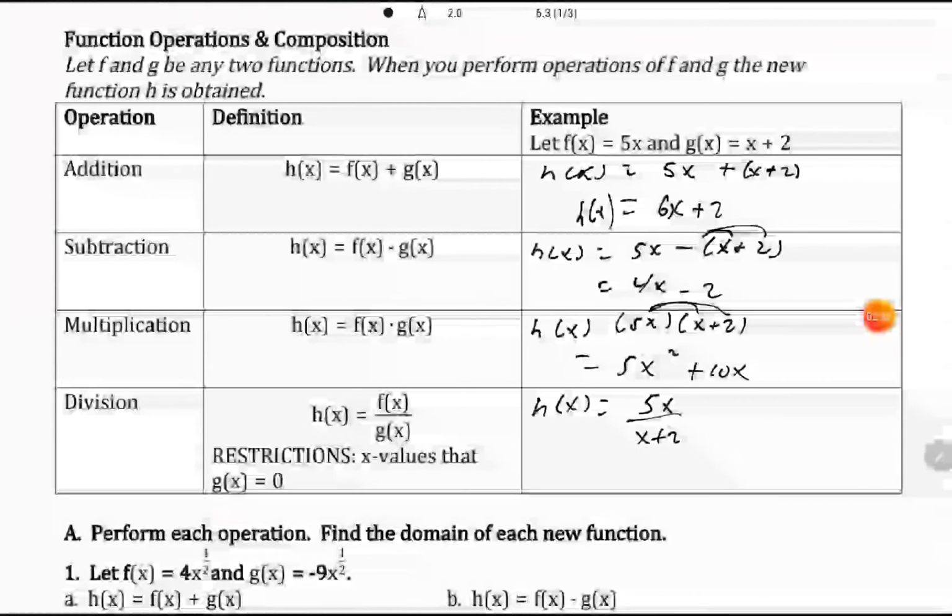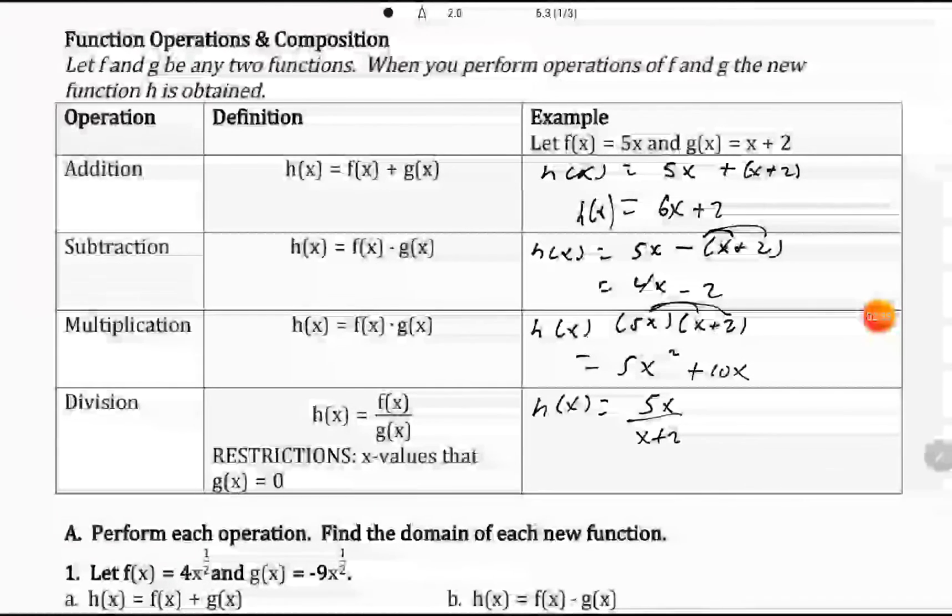There's nothing we can do, but notice, in our domain, x cannot be equal to negative 2. If I put negative 2 in, we'll get 0 in the denominator. Anything divided by 0 is undefined. It's against the rules. Don't do it. It's wrong. Some people say it breaks the commandment of math.